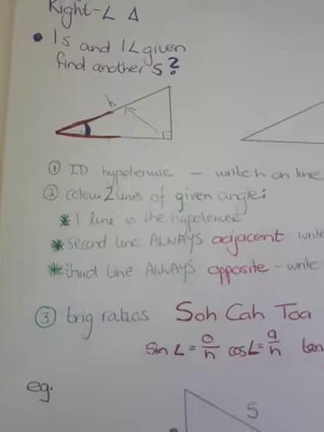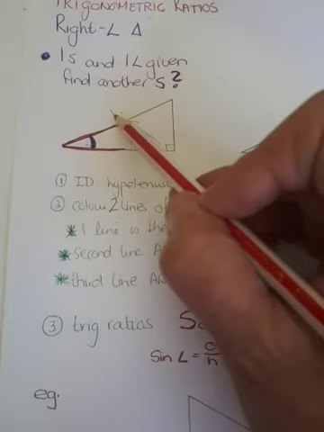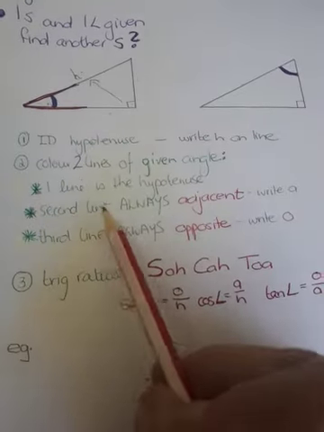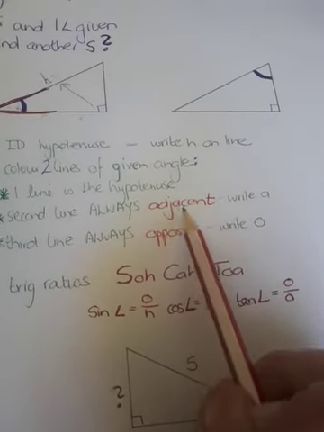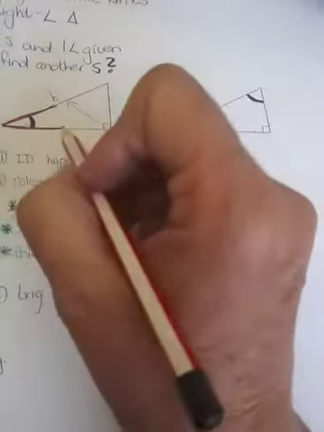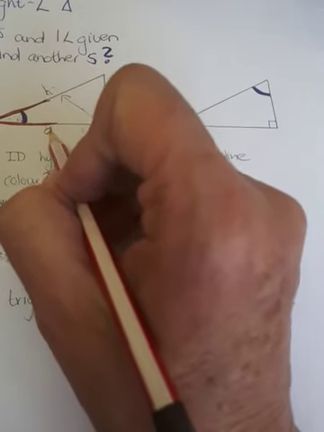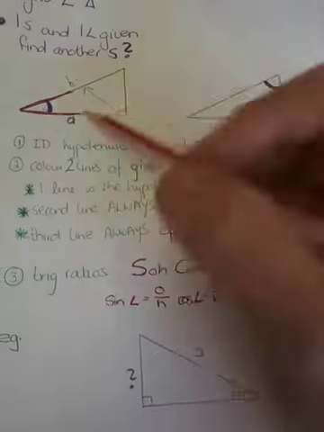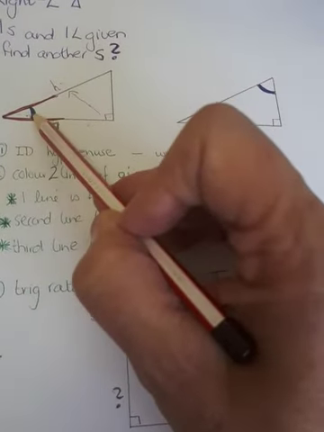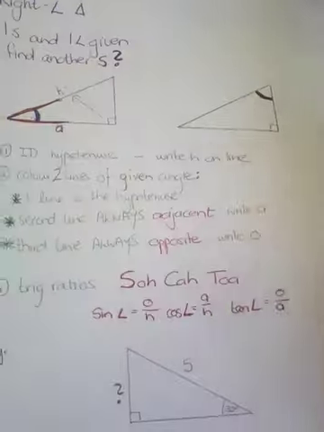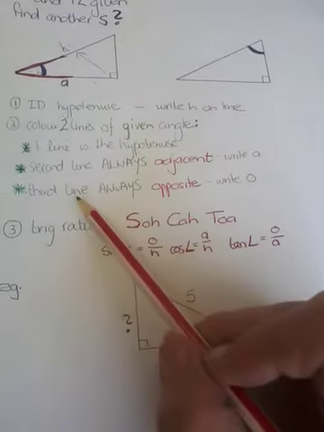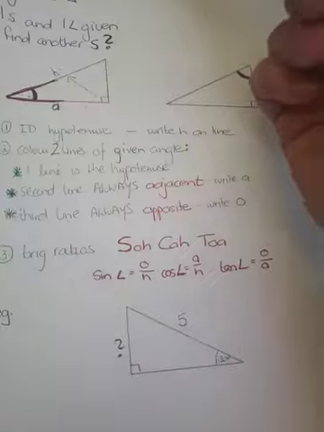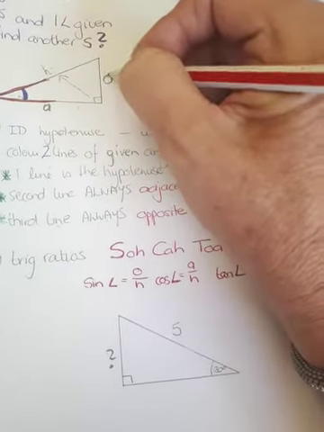Now, one of them will always be the hypotenuse. The second line is always the adjacent line, and we mark that with an A. Adjacent means next to, all right? So this one is actually next to that angle. And then we've got the third side, which is left over, and that is always called the opposite side.